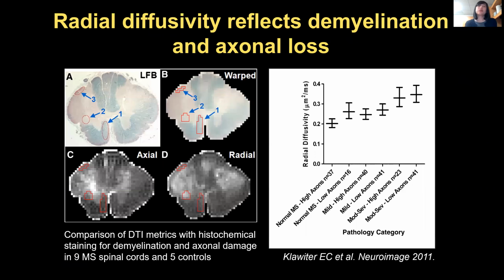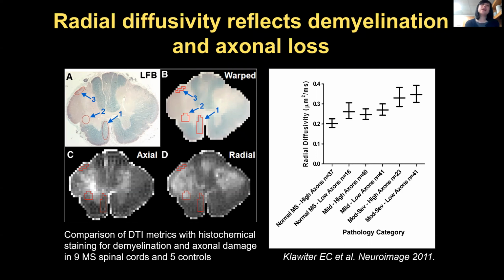As it turns out, through a variety of radiologic pathologic studies, these DTI measures, while they're sensitive to demyelination and axonal loss, are not entirely specific to those processes. So this was a really nice RADPath study that was done at WashU by my collaborator, Eric Clowater, who's now a neurologist here at MGH.